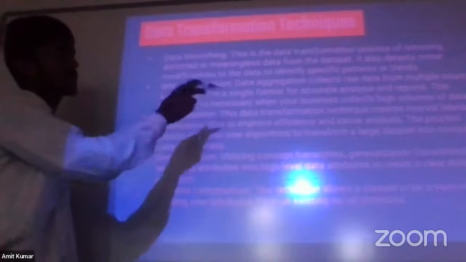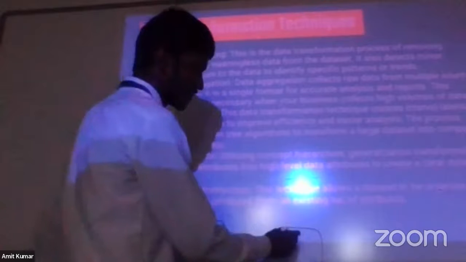Data smoothing is a data transformation process of removing distorted or meaningless data from the data set. Distorted means unstructured, irrelevant data that we don't want. Just like we have a database, we extract data and use it in Excel.